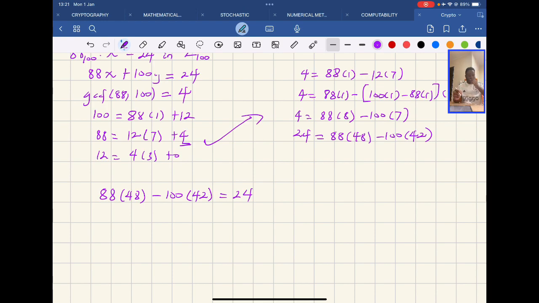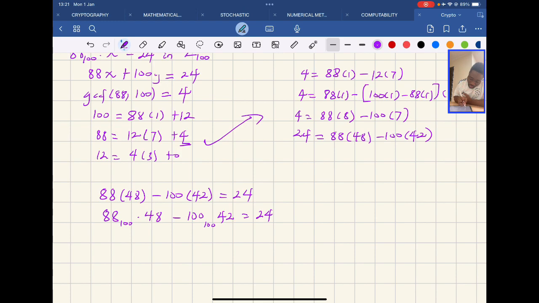Now, since we are dealing with modulo 100, this is the same as writing 88 modulo 100 multiplying 48 minus 100 modulo 100 multiplying 42, and this is equal to 24. Now 100 times 42 modulo 100 is 0.